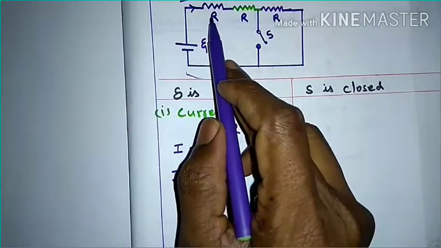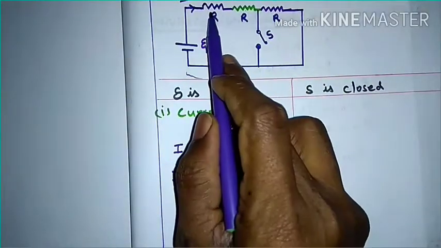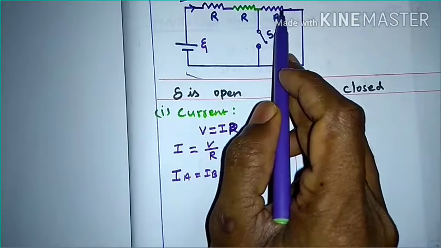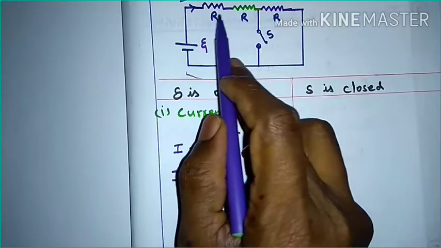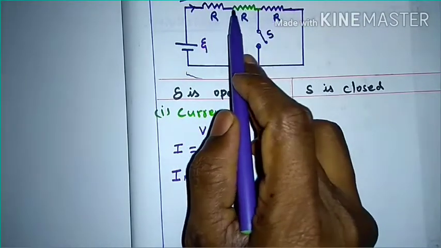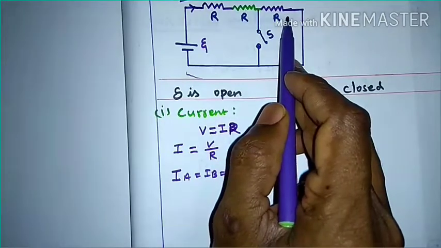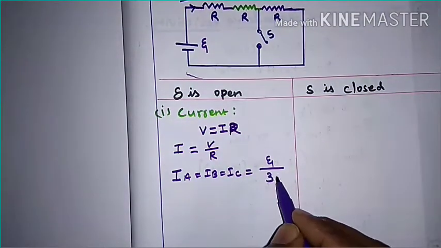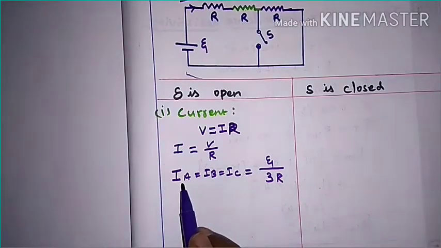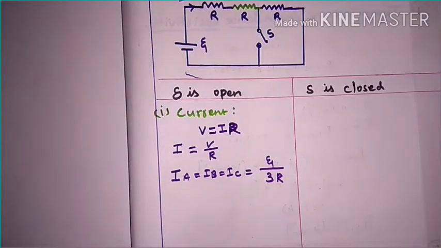Here each resistance is the same. So the resistors are connected in series. The effective resistance is equal to the sum of the individual resistances. So R plus R plus R equal to 3R. So the total resistance is 3R. So this is the current flowing through each resistor.